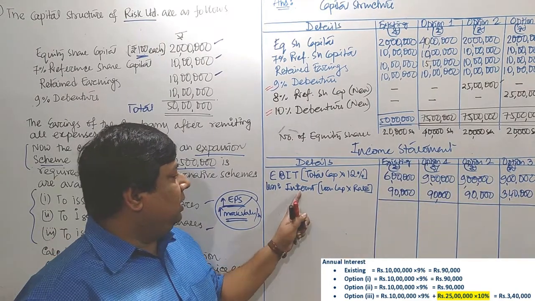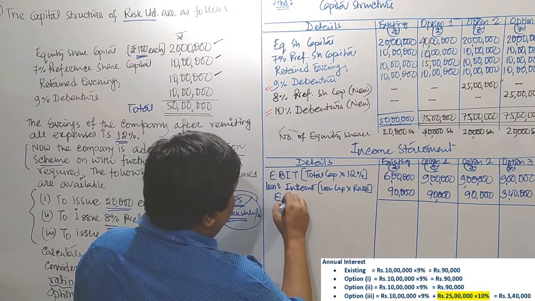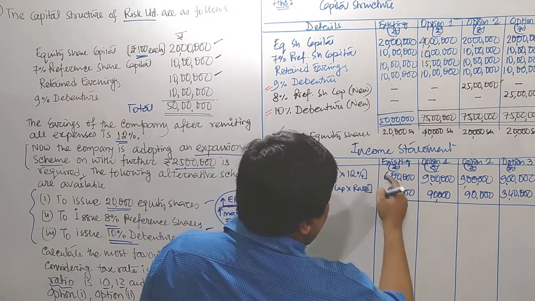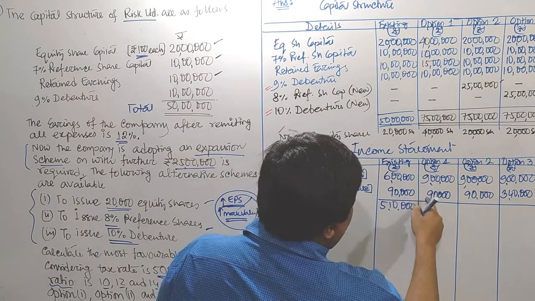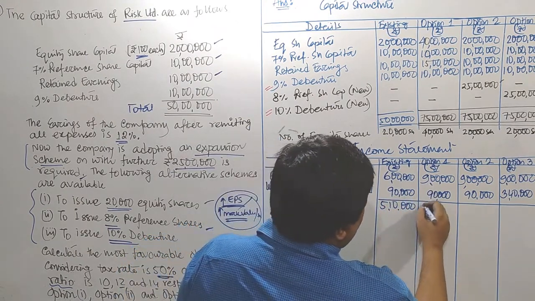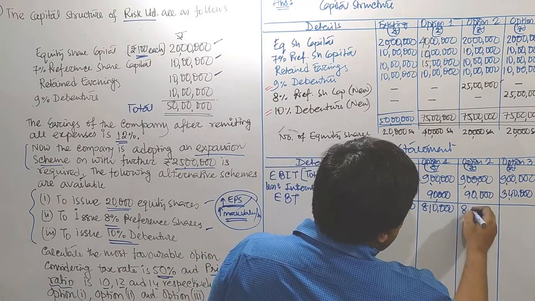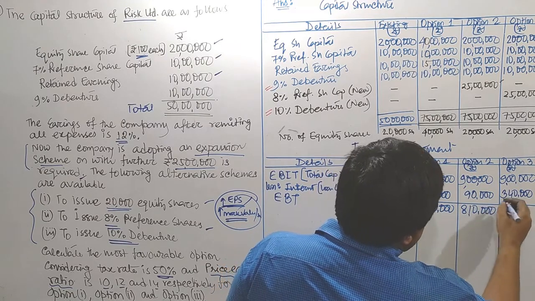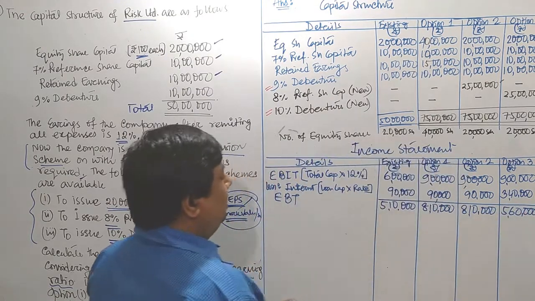Less interest from EBIT, and we can get earning before tax. First one, 6 lakhs minus 90,000 will be 5 lakh 10,000. Second one, 9 lakh minus 90,000, 8 lakh 10,000. In option 2 it is again 8 lakh 10,000. In option 3 it will come 5 lakh 60,000. Now this is EBT.